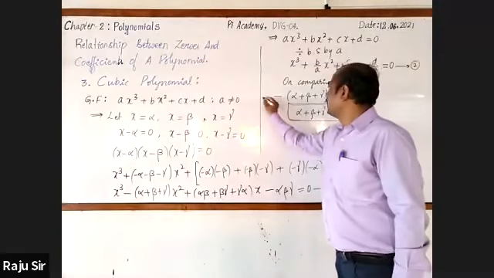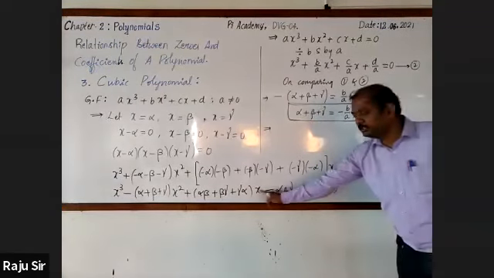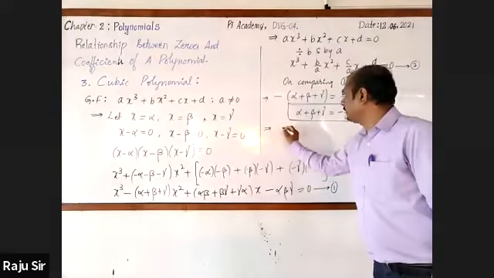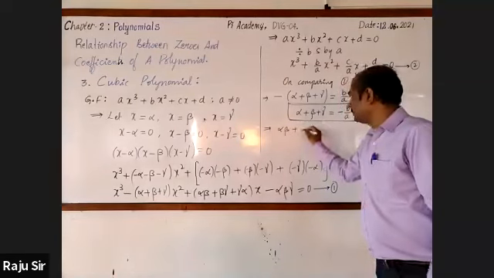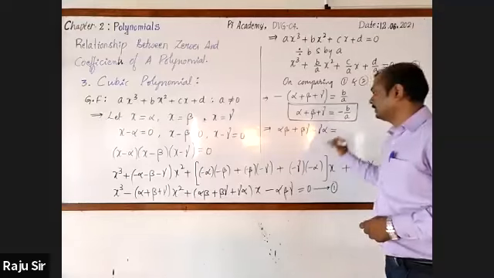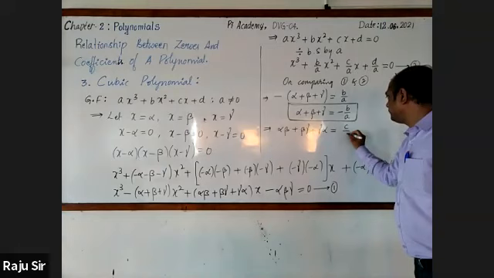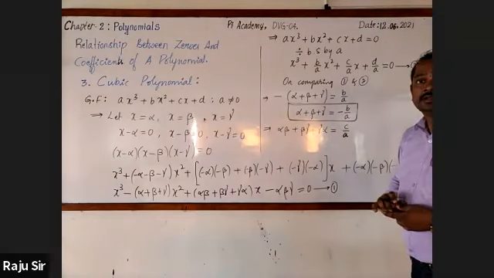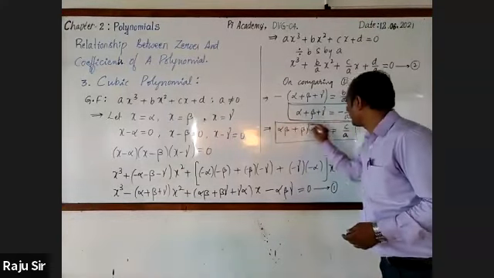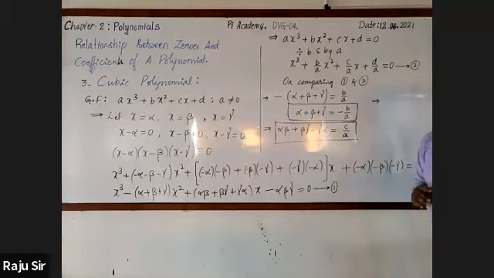Next, another possibility. That is coefficient of x. Observe. Coefficient of x is alpha beta plus beta gamma plus gamma alpha. Here, coefficient of x is c by a. This is second relationship. Next, we have one more possibility.